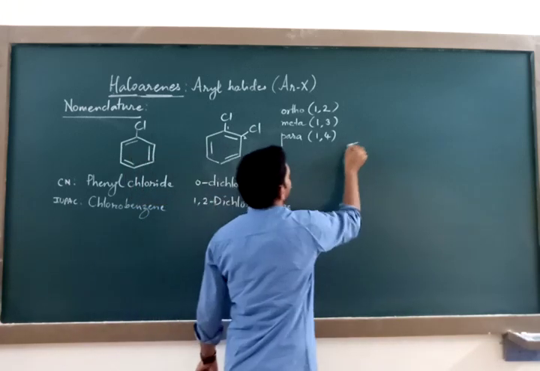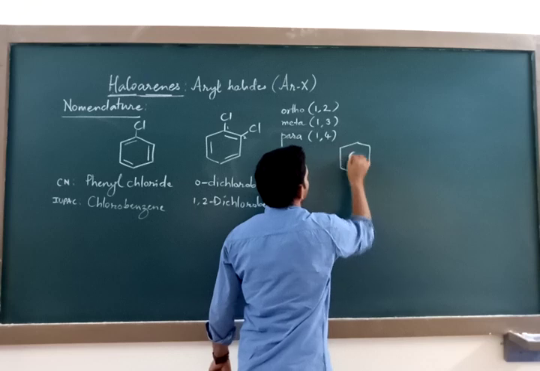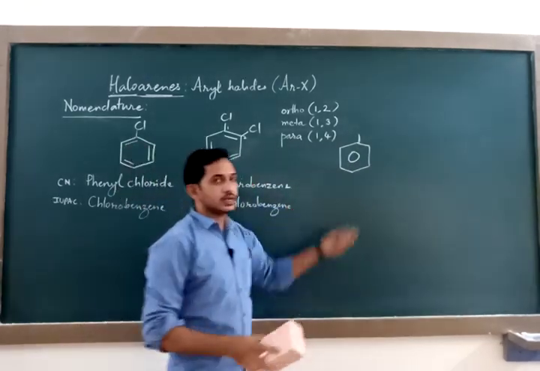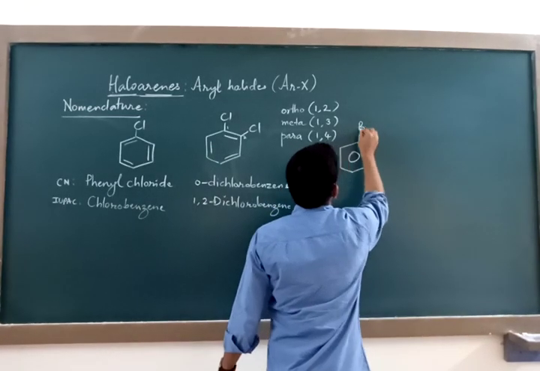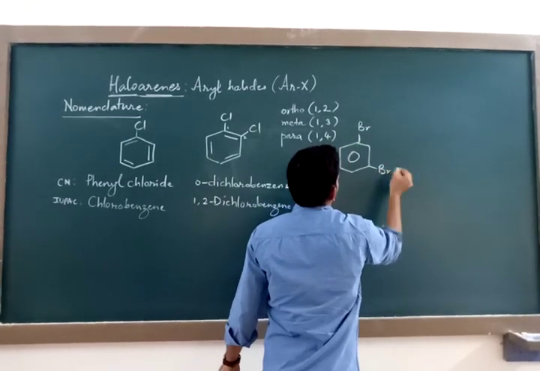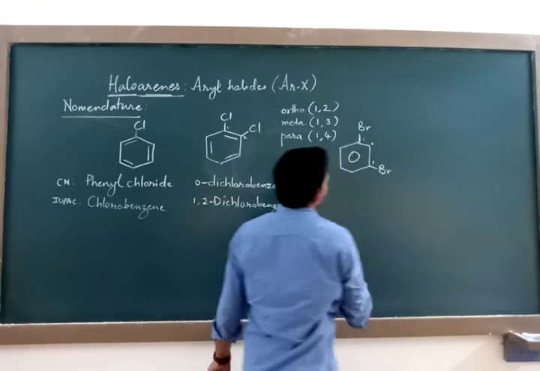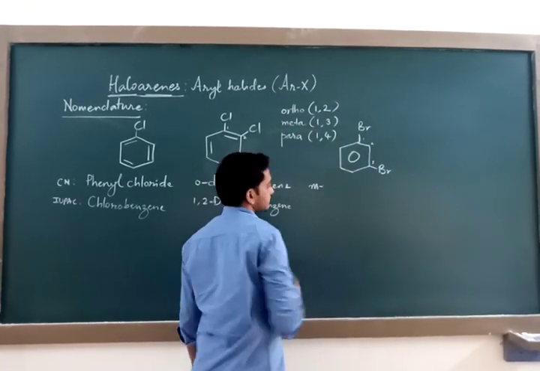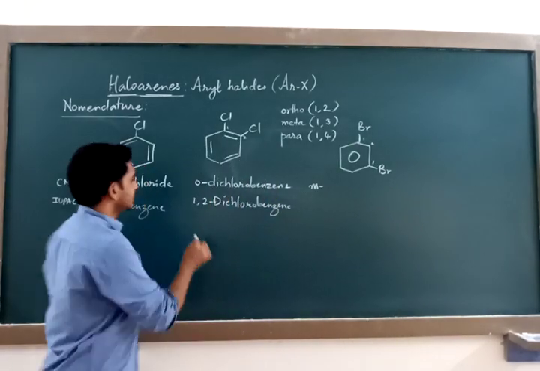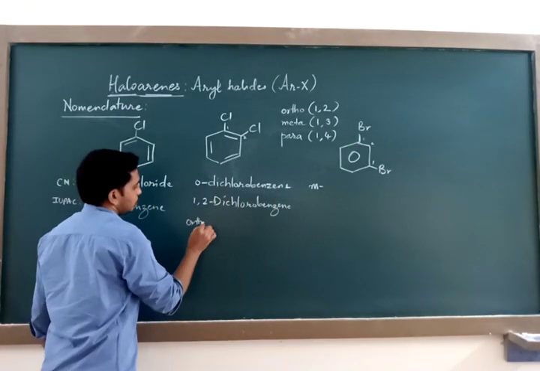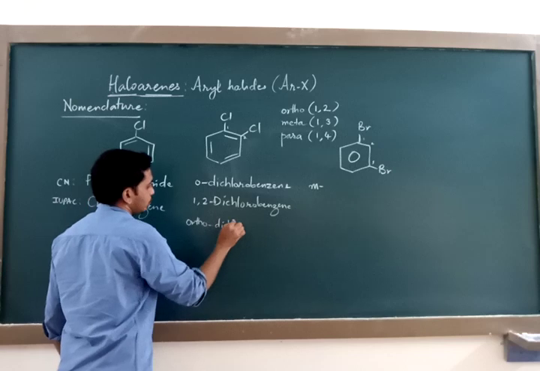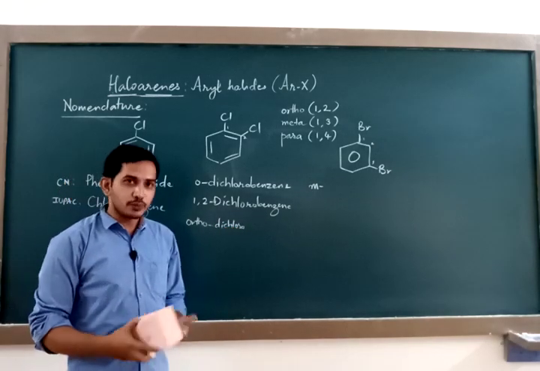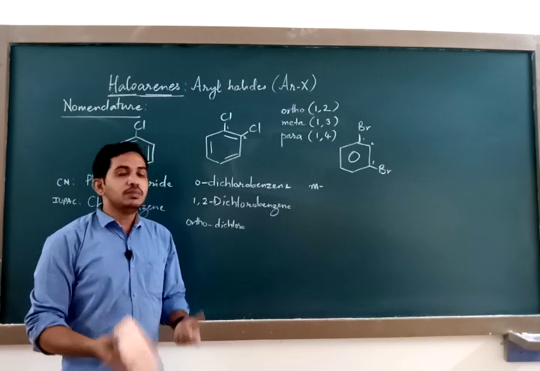Similarly, for this example, you can write either alternate single and double bonds or a circle, both remain the same. In the common naming system, positions 1 and 3 are called meta, so small m dash. Some of you also write this name as ortho dash dichlorobenzene. Writing this is not wrong, but it is not the most appropriate way of naming any compound.